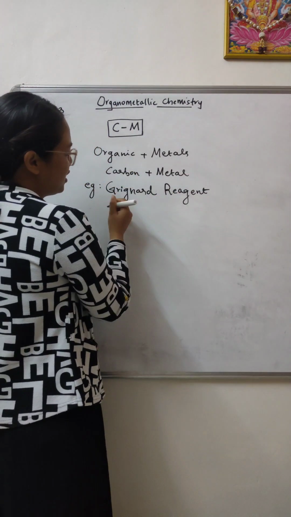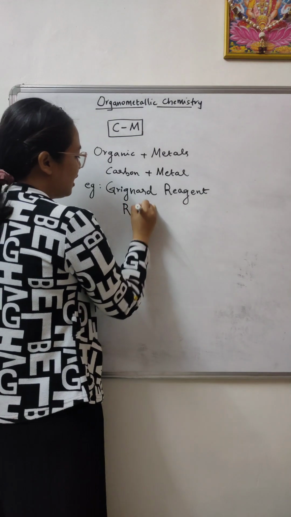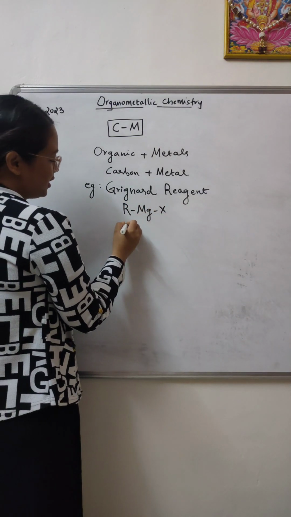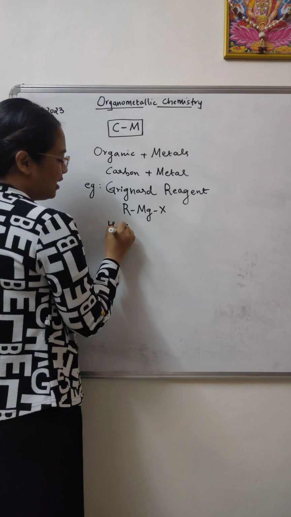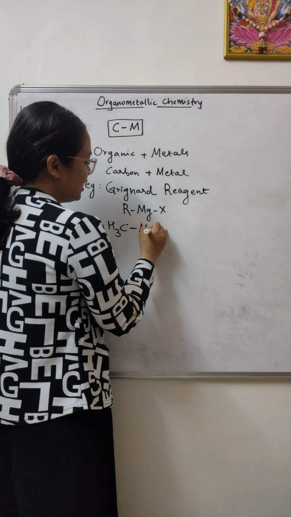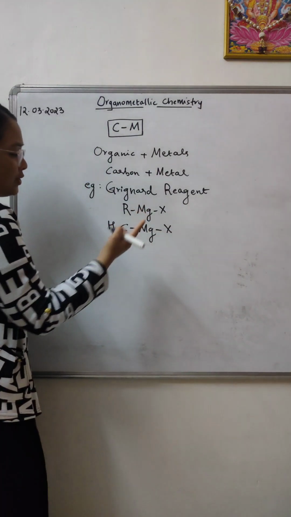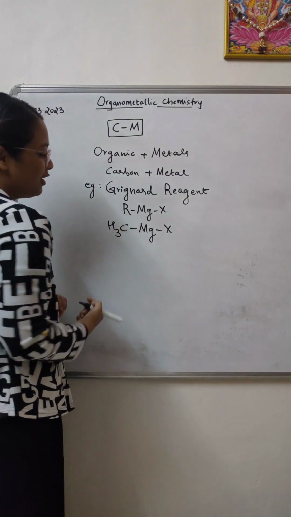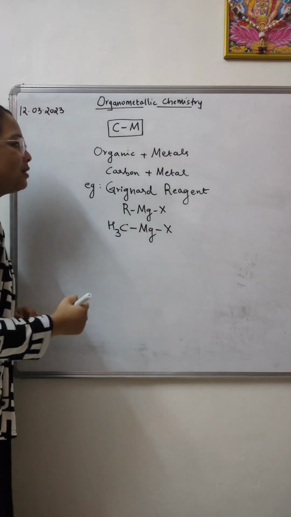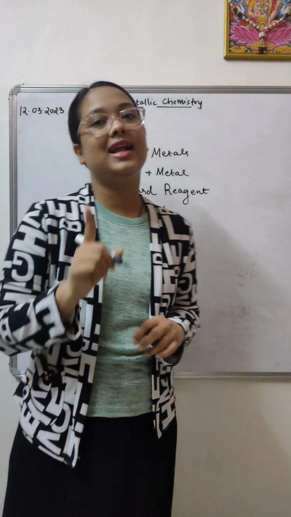What is the structure of Grignard reagent? RMgX. Suppose this R group is CH3; it can be any alkyl group, but let's just take it as CH3, methyl group. So CH3MgX. Can you see a bond between carbon and metal over here? Yes, there is a bond between carbon and magnesium. So this particular compound is an organometallic compound.